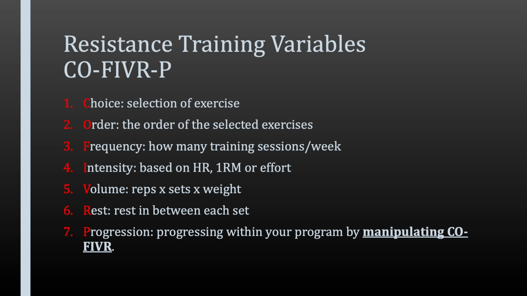For instance, the velocity of the movement. Is it fast or is it slow and controlled? Altering one or several of these variables affect the training stimuli and ultimately the adaptation for the individual.